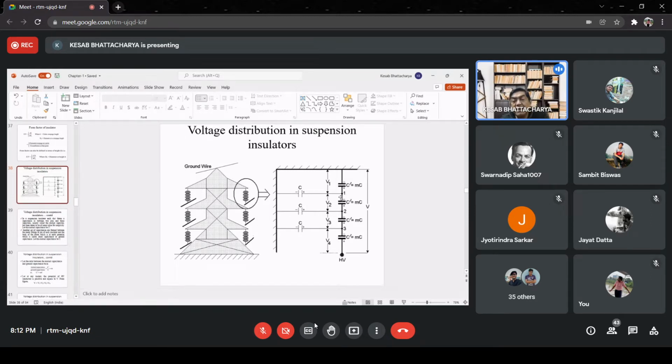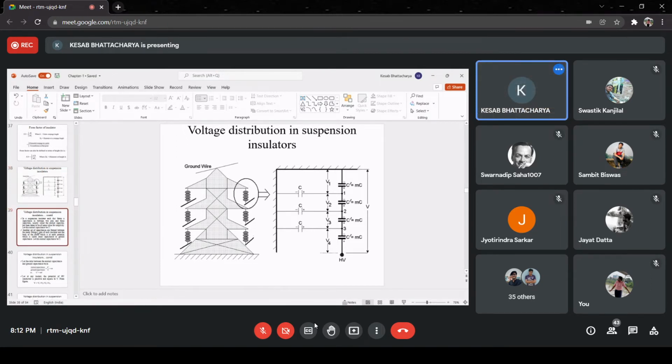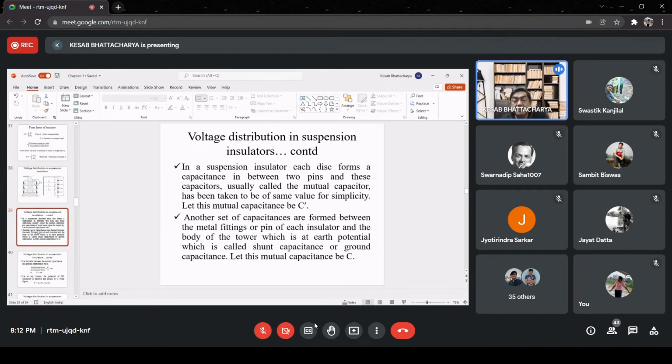And the capacitances formed between the tower body and the metal pins are normally called the ground capacitances or shunt capacitances. Okay?